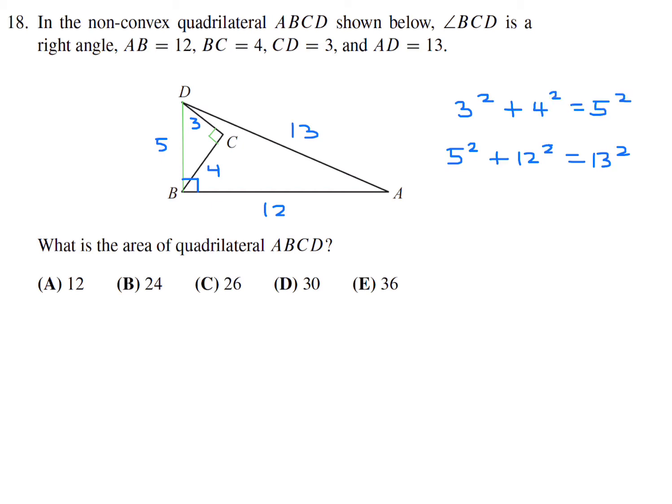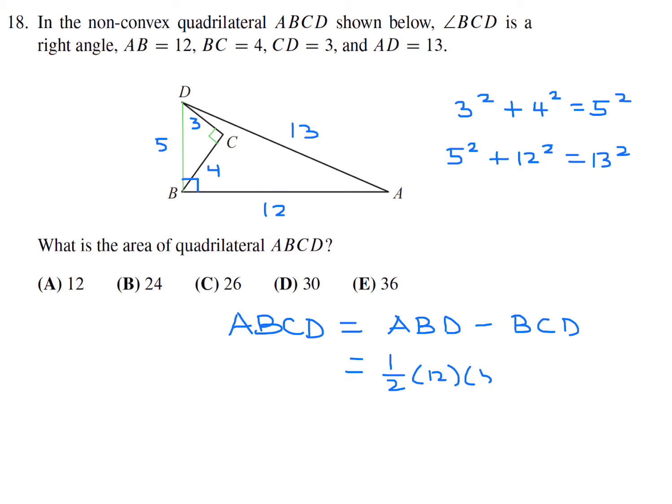Well, the area of quadrilateral ABCD will be the area of that triangle ABD minus that small triangle BCD. So ABD is 1/2 base times height, and BCD is 1/2 base times height. So 30 minus 6, so that's 24. Number 18, the answer is B.